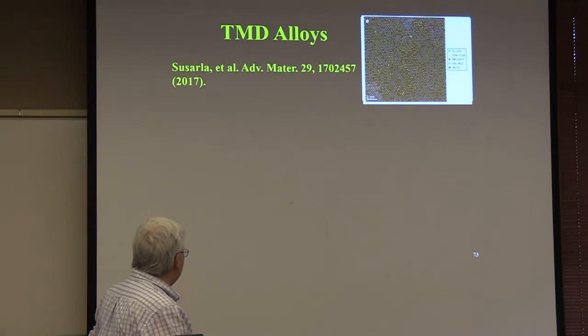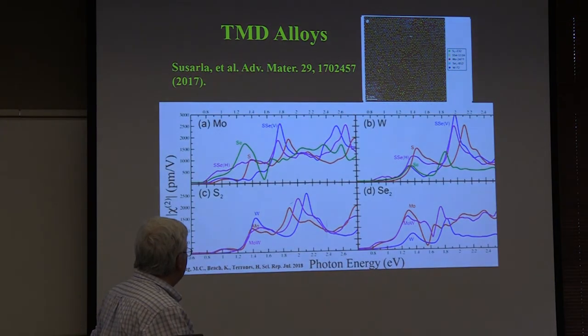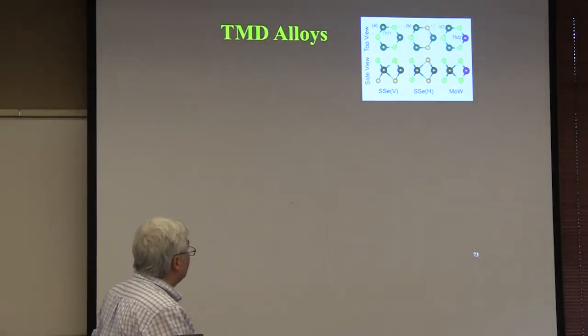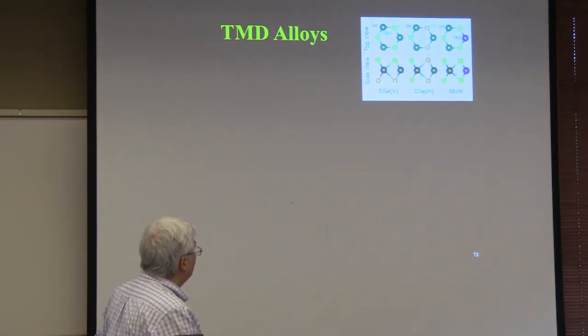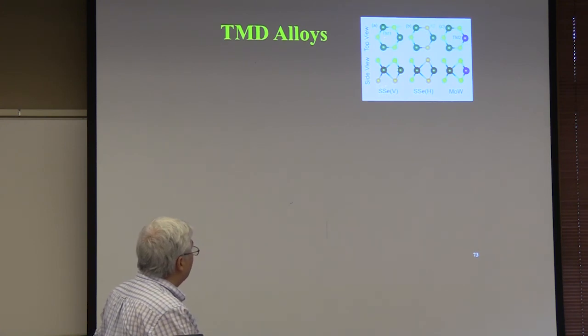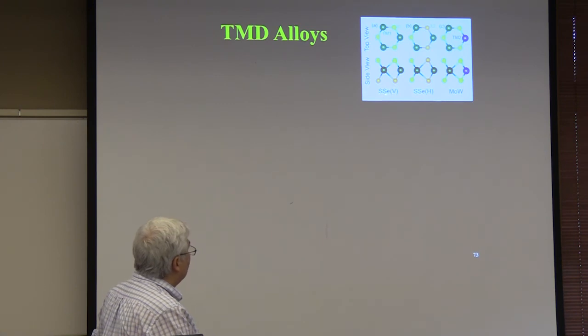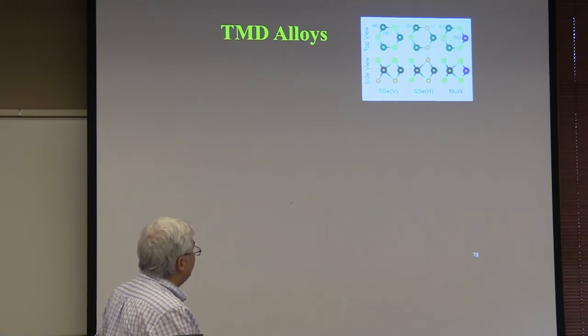What we have done, and my student Corey has been working on calculating this second harmonic generation. I will skip that. In alloys of TMDs, we introduce sulfur on top and selenium on the bottom. These are called Janus. For different transition metals, this is the way they are named.